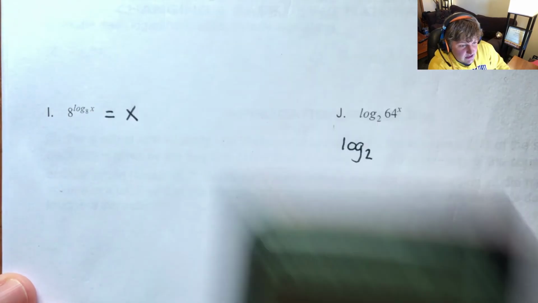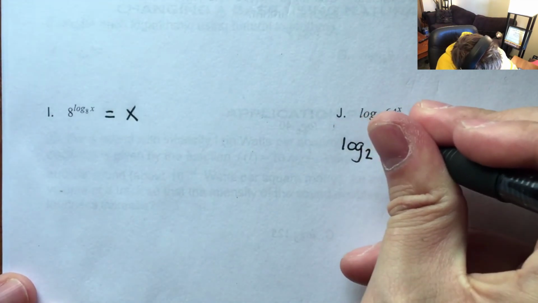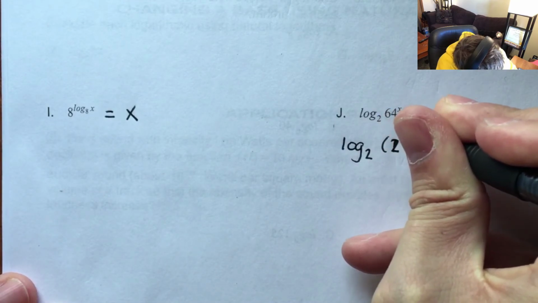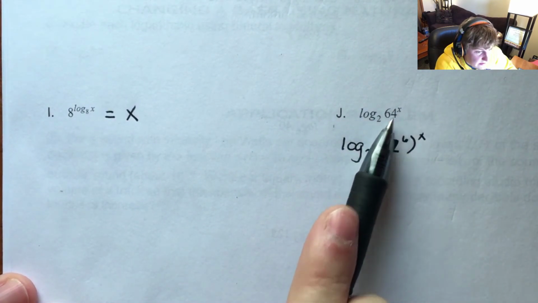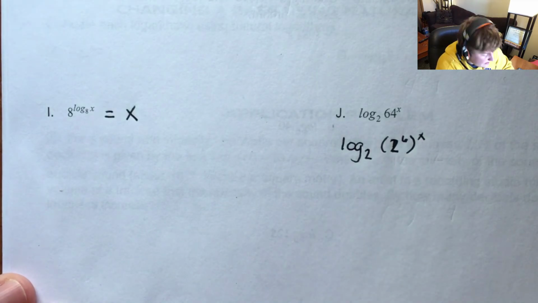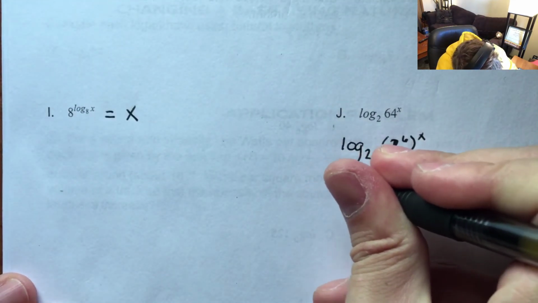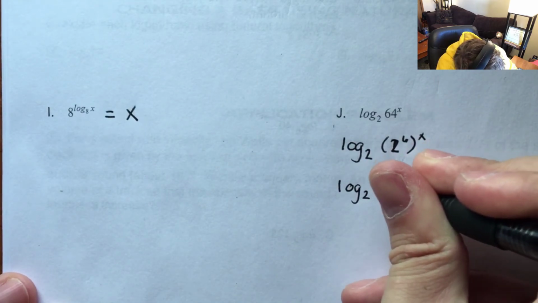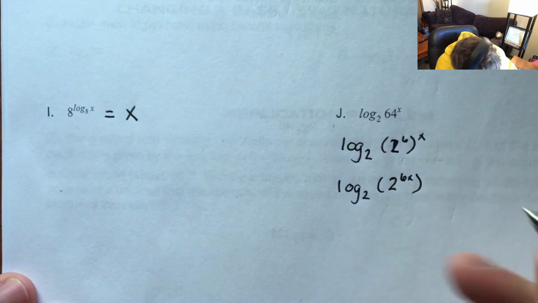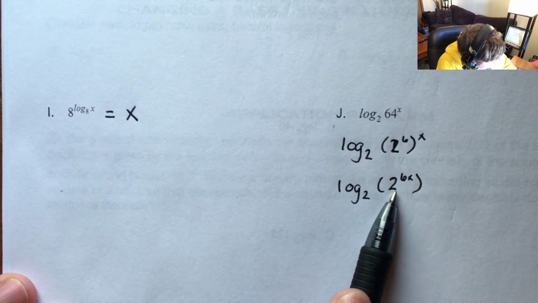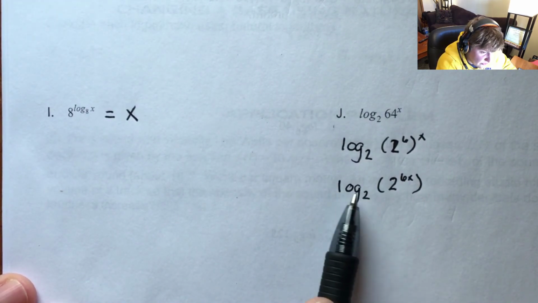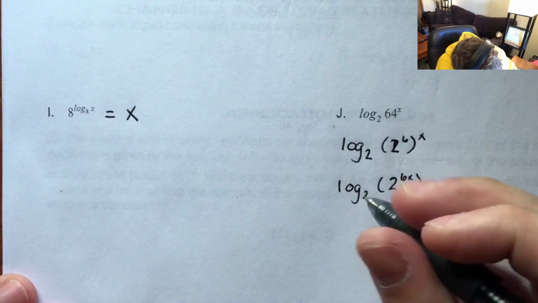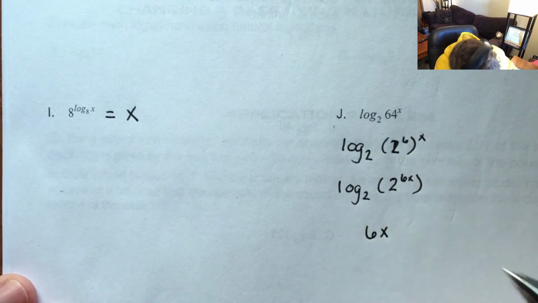So I'm going to rewrite 64 as 2 to the 6th power, and then that to the x power, which means that this is log base 2 of 2 to the 6x. Again, a base of 2 and a log base 2 are inverses of each other, and they undo each other. So what's left over here is just 6x.